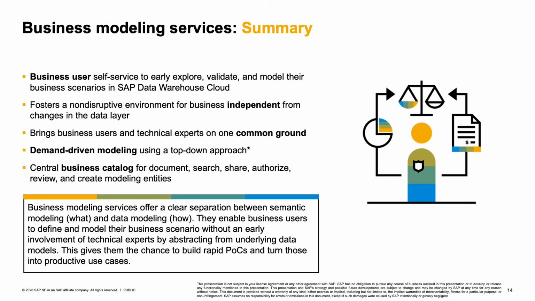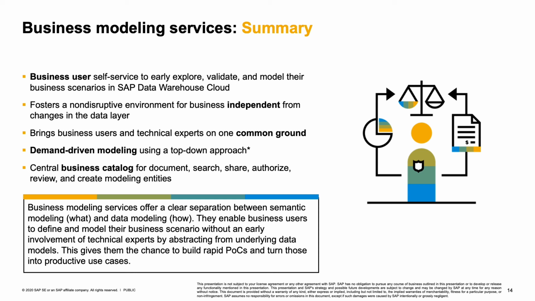All right, let's summarize a bit what we have seen so far. We have seen the business layer, which is introduced towards the business users, where they can create their own models with their own language. We have seen how the business user can independently create their end-to-end scenario using, for example, a CSV file upload, and later on we replaced this CSV file with the real productive data.